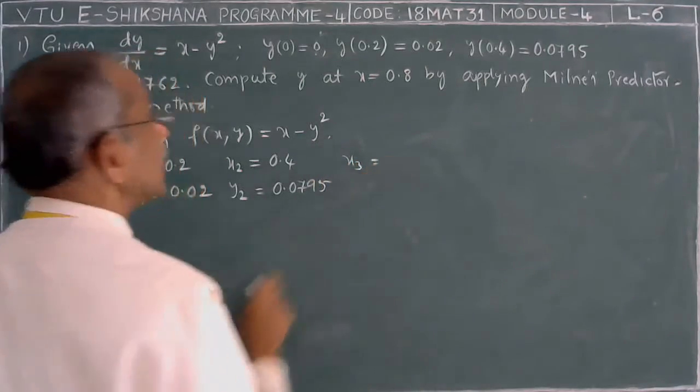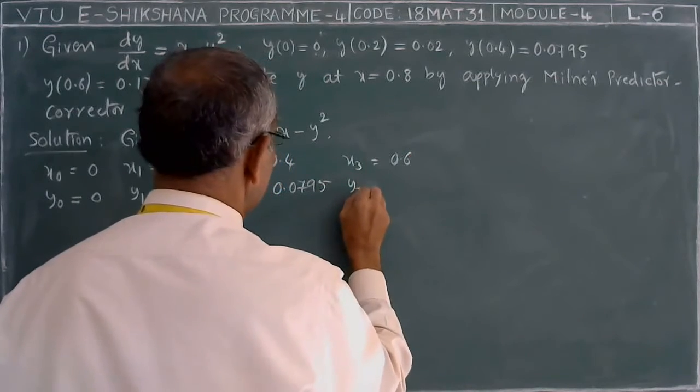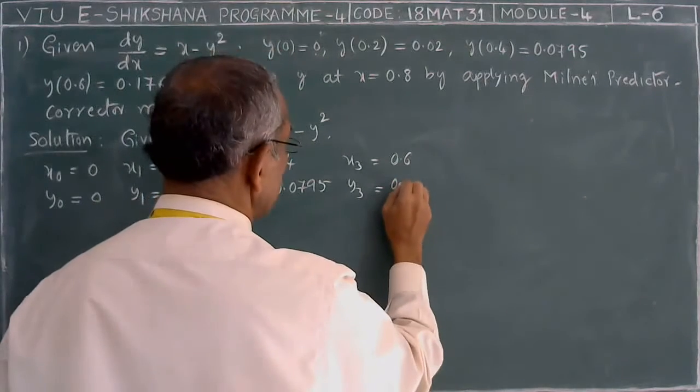Then x3 is the next value 0.6, and the corresponding value y3 is 0.1762.